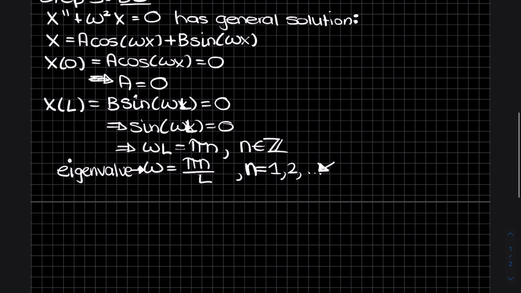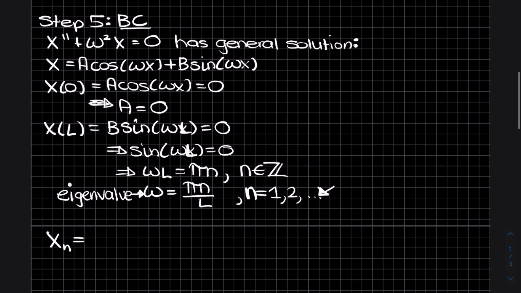So, all right, now we've put in our two boundary conditions, we can write our X of n, so this is sort of like our general solution now that fulfills both of those conditions. X of n equals b of n sine lambda x, where lambda is pi n over L. Now b of n is just some constant, and this is an eigenfunction.